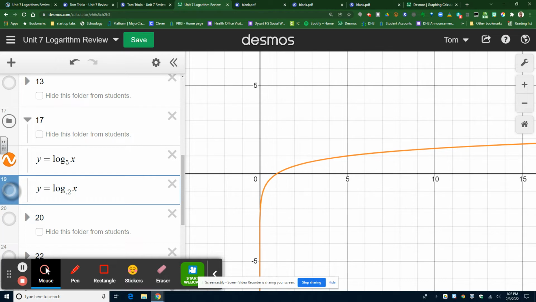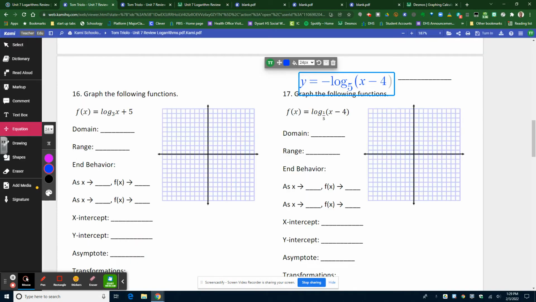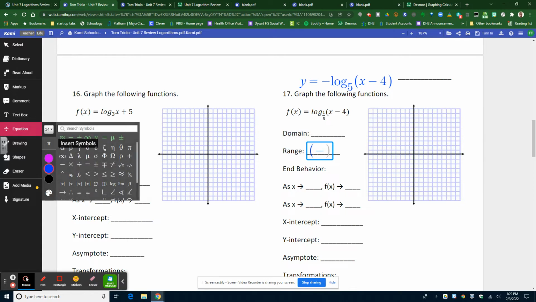Nope. Let's put that one back on. I got positive y's, I got negative y's, I got 0. All real numbers. Okay, so all real numbers, aka from negative infinity to positive infinity.